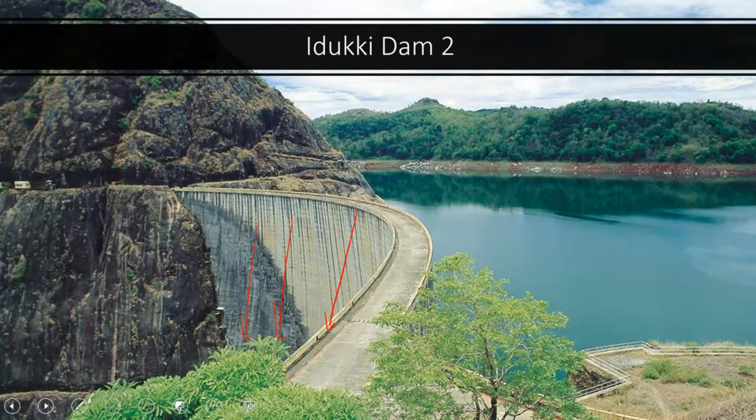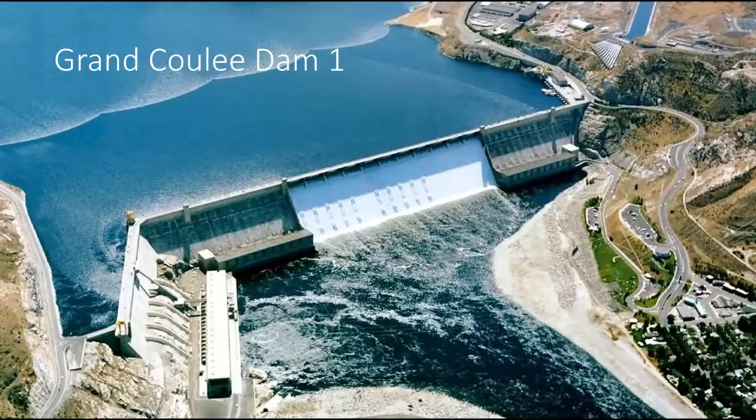So let's go to the Grand Coulee Dam. This is a dam in Washington, I believe. Now, this one is kind of interesting because it's significantly wider. It's made of straight segments as opposed to arch segments. It is significantly wider than a lot of the dams we've seen.